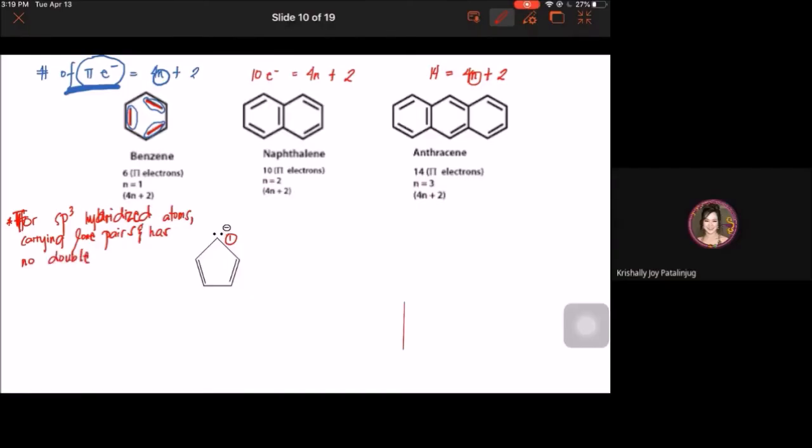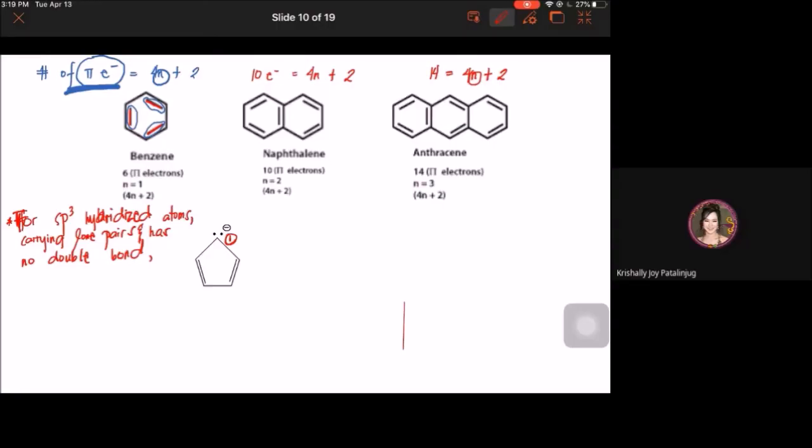So what I used is this carbon 1, right? It is an sp3 hybridized atom carrying a lone pair. Okay? It carries a lone pair and has no double bond.